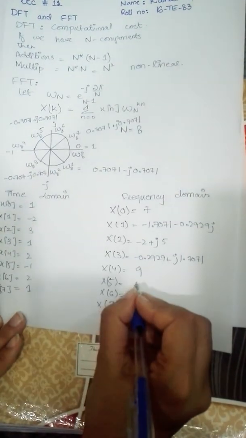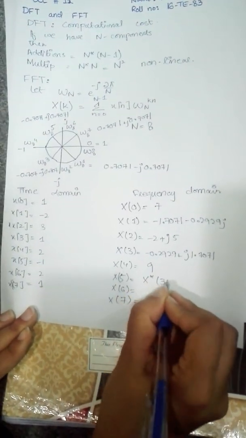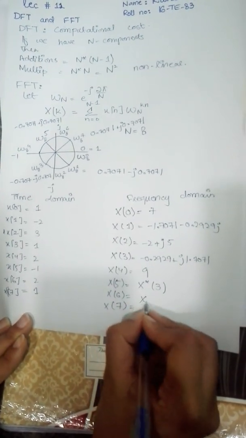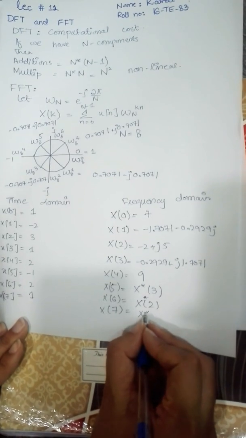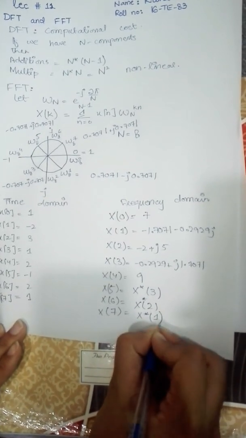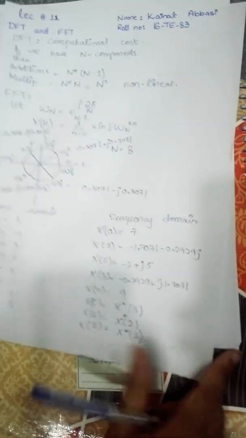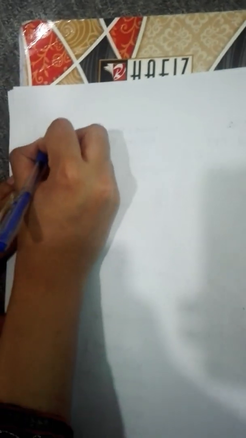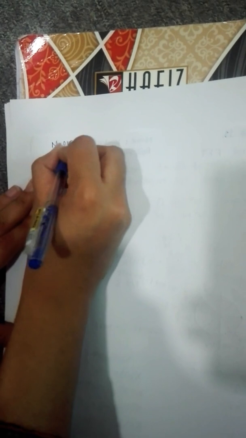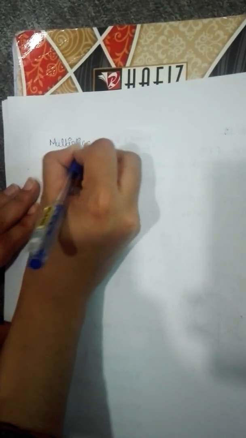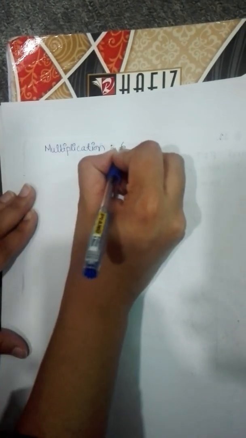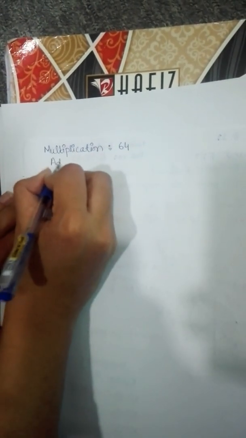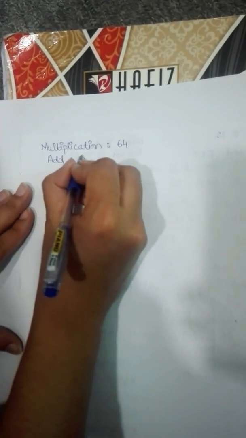And X of 5 is the conjugate of X of 3, X of 6 was the conjugate of X of 2. Similarly, X of 7 was the conjugate of X of 1. The number of multiplications we needed using the above discrete Fourier transform was 64 and additions were 56.